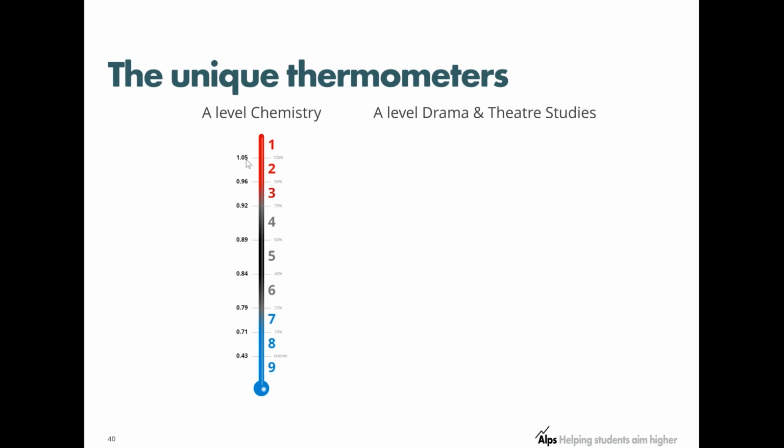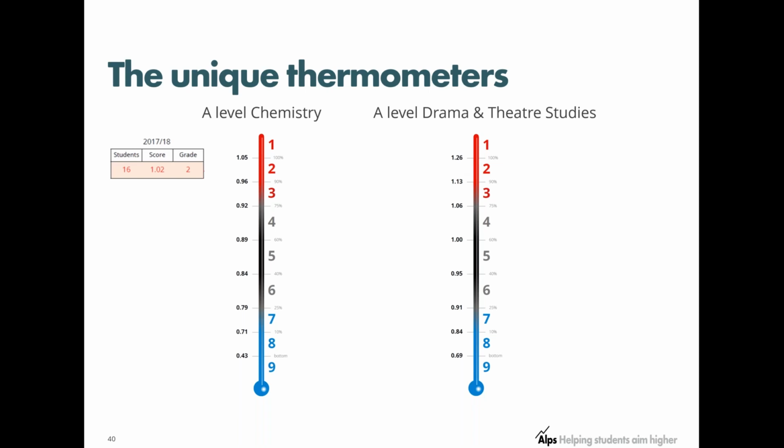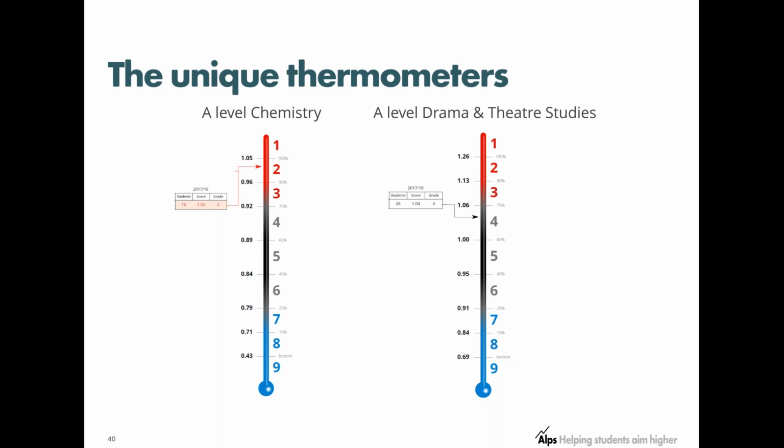Meanwhile, in drama, the top provider in drama got their students more than 1 grade above the MEG. Okay? Therefore, if I have a chemistry department here that scores 1.02 and a drama department on 1.04, the drama department have a higher score but a lower grade, because students in drama are doing better against the MEGs than they are in chemistry.